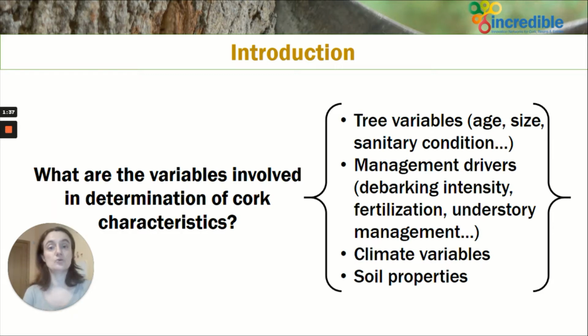Soil properties, of course, are also very important for the cork growth. So among these groups of variables, we will be concentrating on some of them that we have characterized in our data set, and we will be seeing how they influence the evolution of the cork thickness.